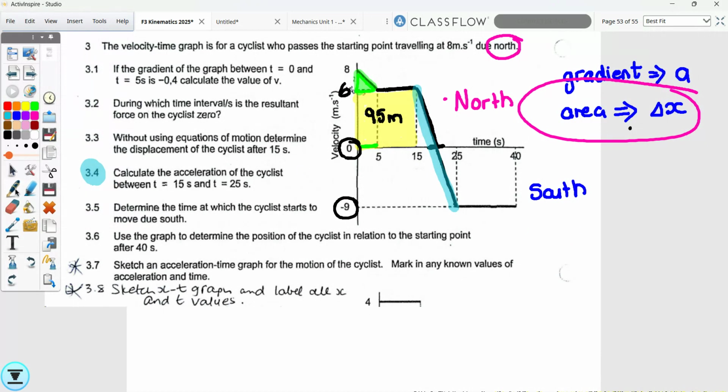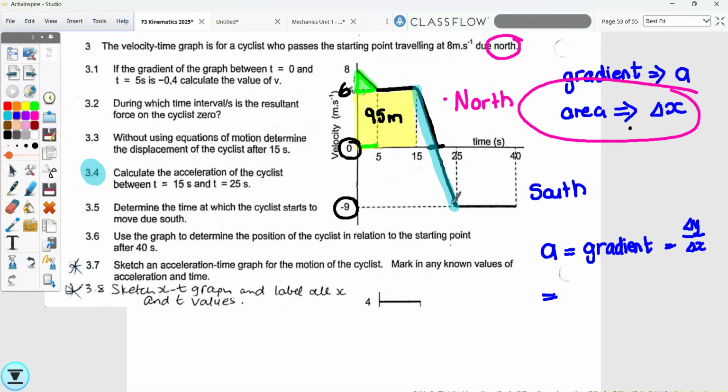But if they're asking me for the acceleration, what is the first free mark I'm going to earn? Thank you. Acceleration is equal to gradient, or acceleration is equal to change in y over change in x.